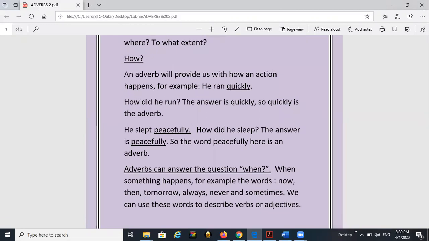Another thing, adverbs can answer the question when. When something happens, for example, the words now, then, tomorrow, always, never, and sometimes. They show us when something happens. We can use these words to describe verbs or adjectives.